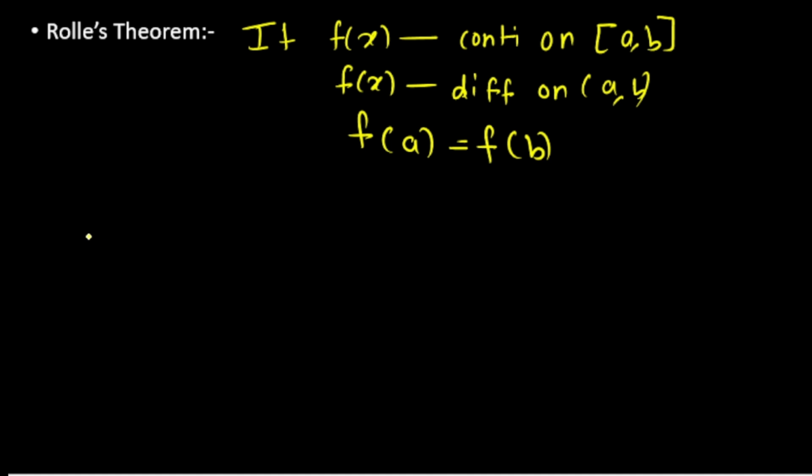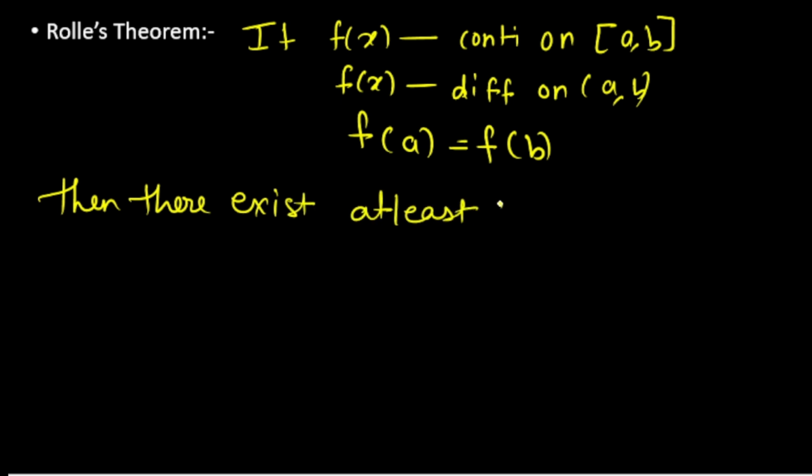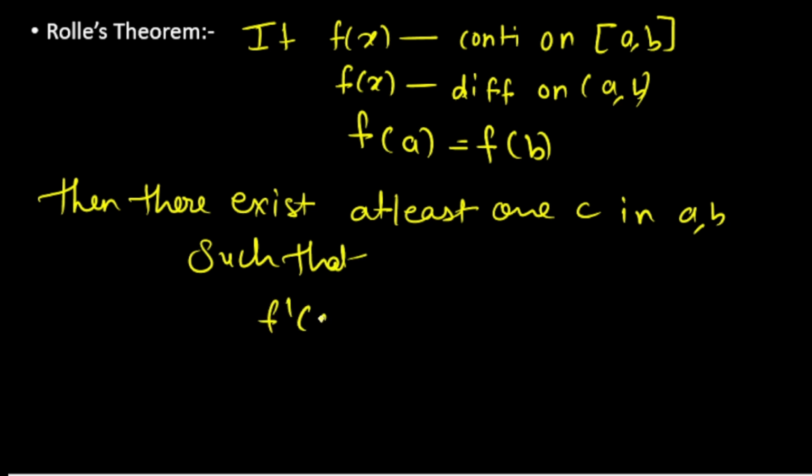This is the condition. Then there exists at least one c in a comma b such that f dash of c is equivalent to 0.